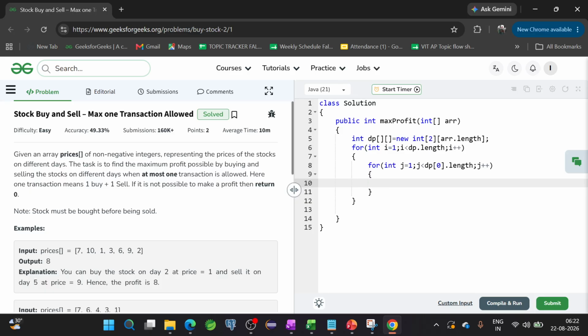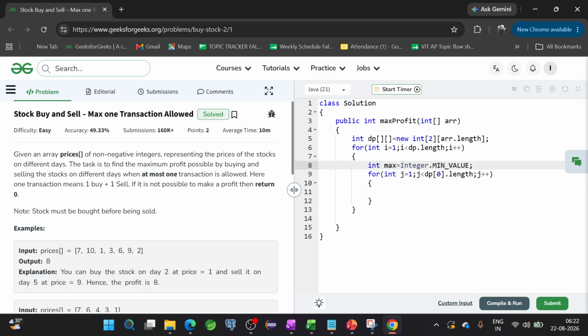And every time we have to find the maximum. So here int max equal to Integer dot MIN_VALUE.